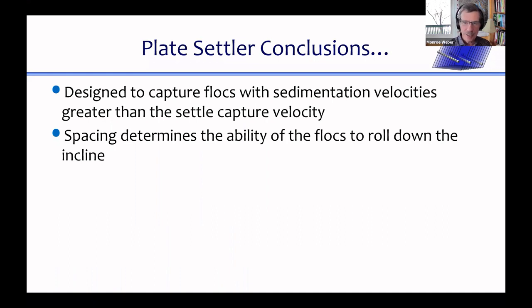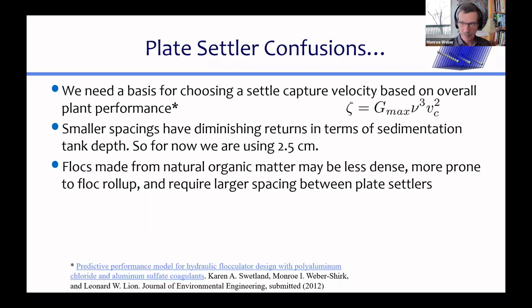Okay, that's my conclusions. We're trying to catch flocks that have sedimentation velocities greater than the settle capture velocity. And that is about plate area, the plan view area. And then the spacing determines whether flocks are going to keep on rolling up or whether they're going to do what we want, which is slide back down and turn into blue flocks.